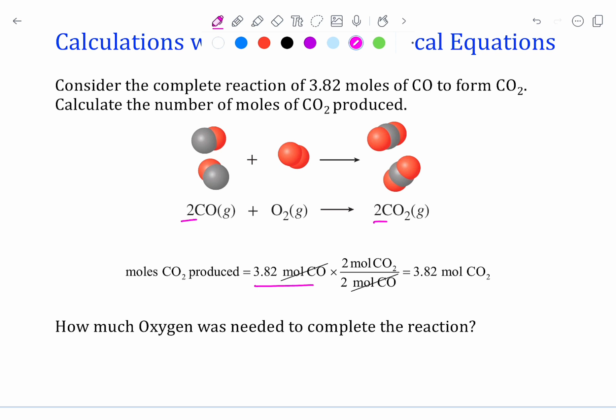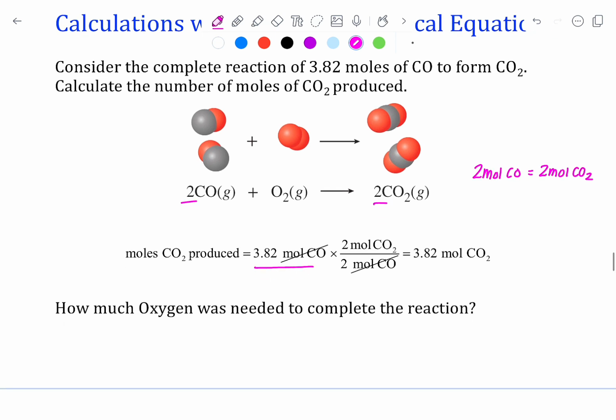Because 2 moles of CO is equal to 2 moles of CO2, that's our equivalency that we are going to use to convert from moles of CO to moles of CO2. So we get out that 3.82 moles of carbon monoxide creates 3.82 moles of carbon dioxide, because they are in equal stoichiometric quantities.